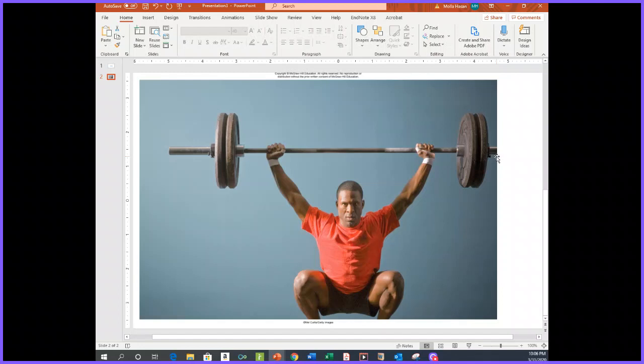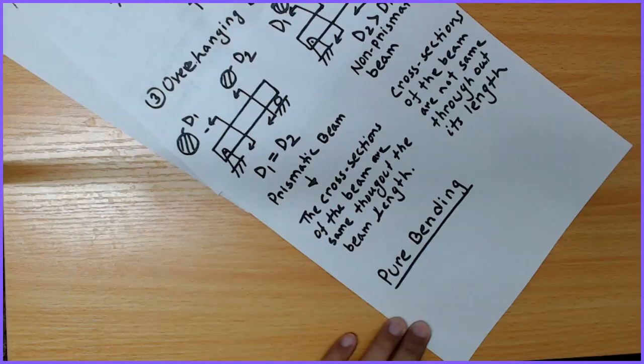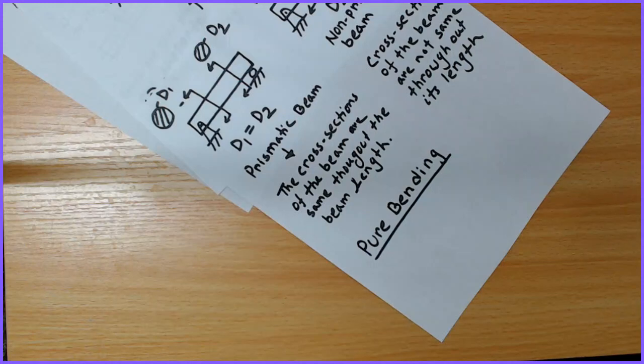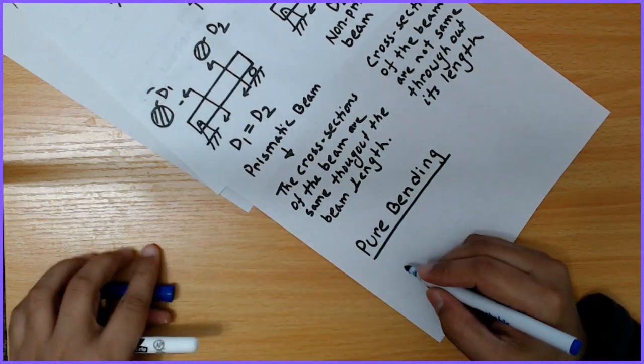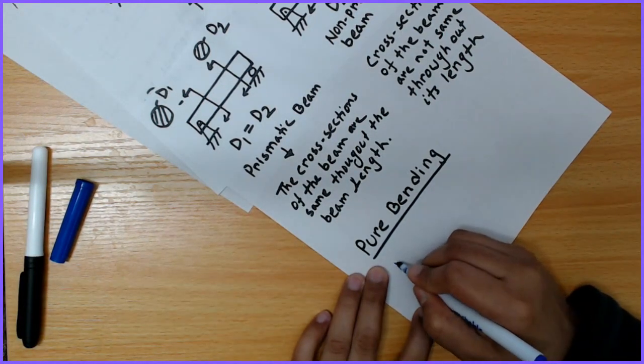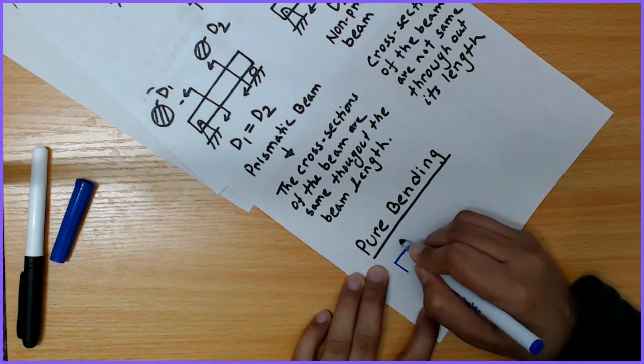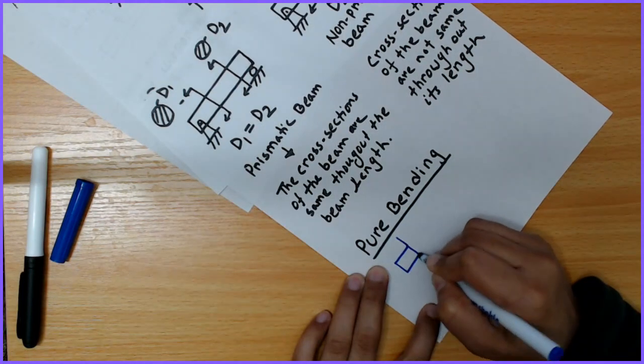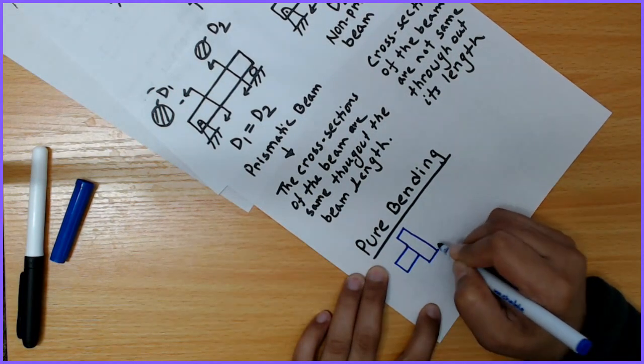Now this weight bar has two weights at the two ends, and he holds the bar here and here in two different locations. So if I draw this in 2D.